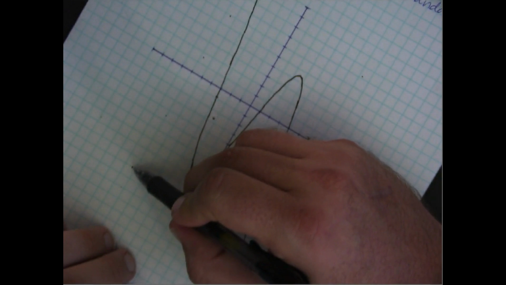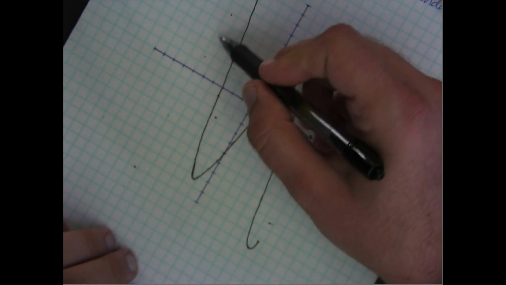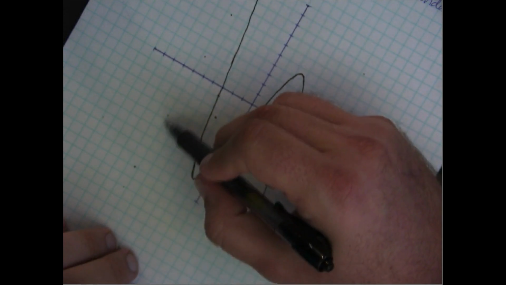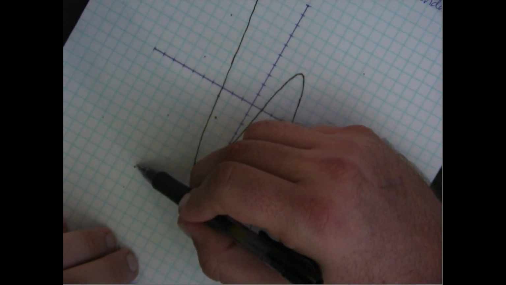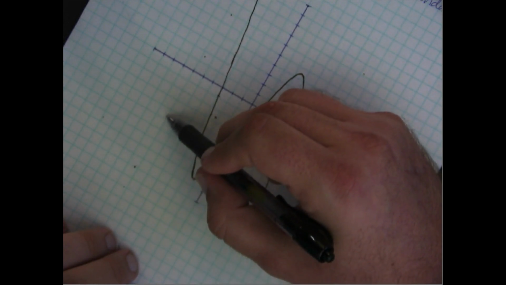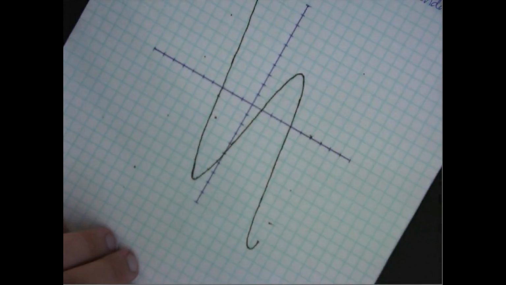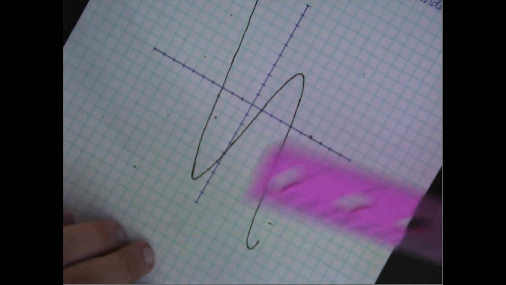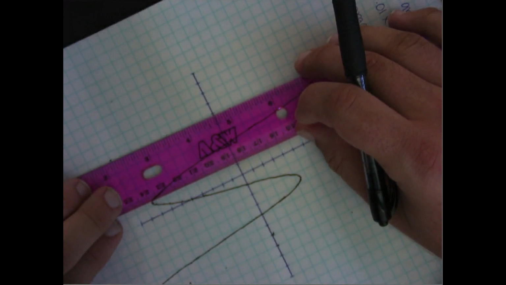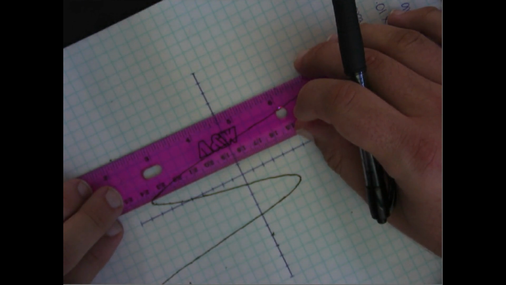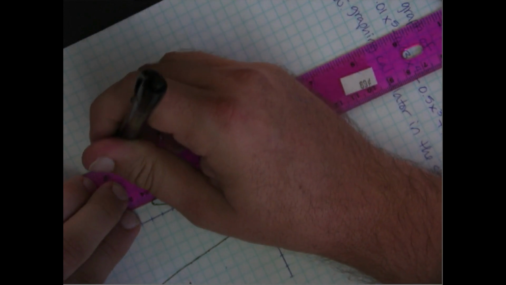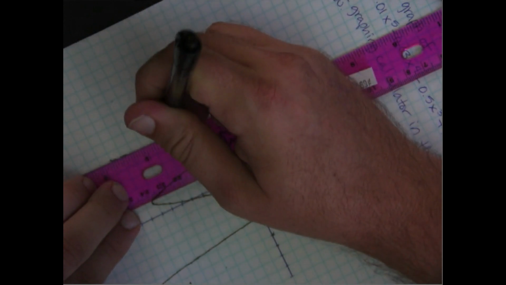Again, I'm right-handed, so I'm going to try going this way, but maybe not, because this is kind of steep, and I don't want to hit that. So, I'm going to cheat. We're going to cheat it a little bit, because this is steep enough that it's pretty close to a line.